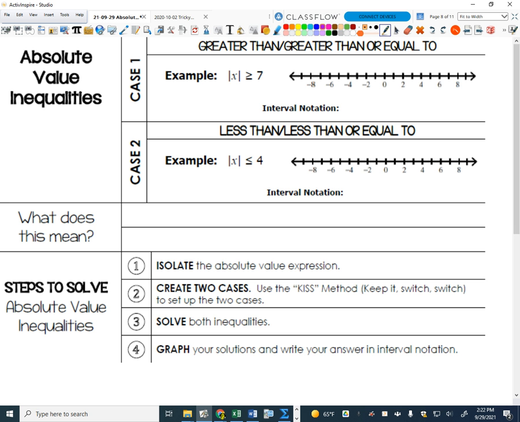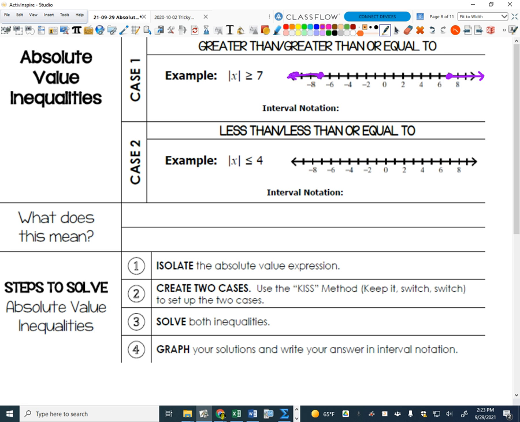If I want the distance from the origin to be greater than or equal to 7, doesn't that mean something like that? So there's another way to think about why we're getting an OR inequality if we have an isolated absolute value greater than a number, because the distances from the origin have to be big. They're greater than or equal to some number.